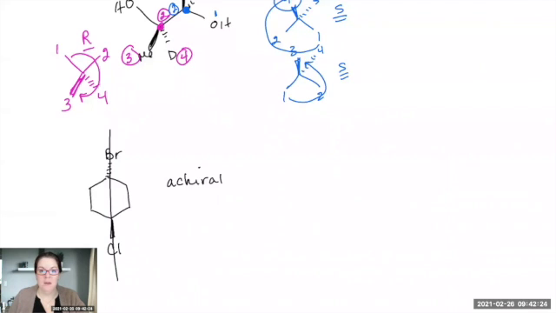Awesome. Okay. Any questions about this, assigning R and S, determining if our molecule is chiral? Any questions with that?